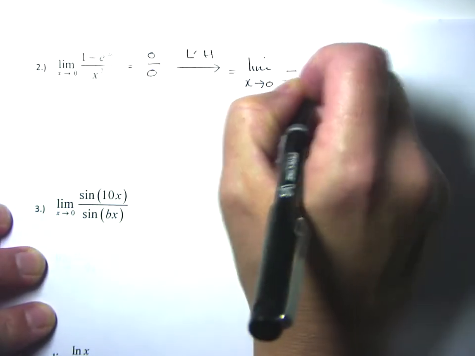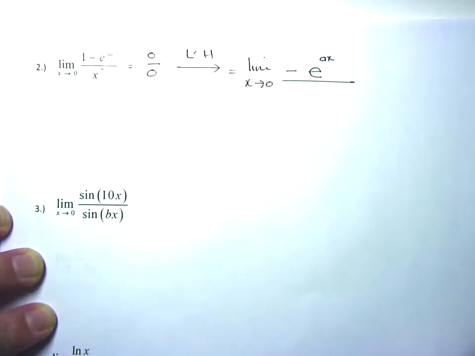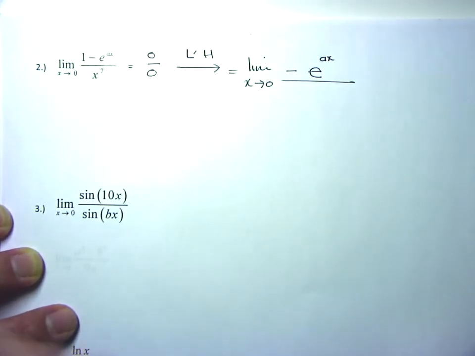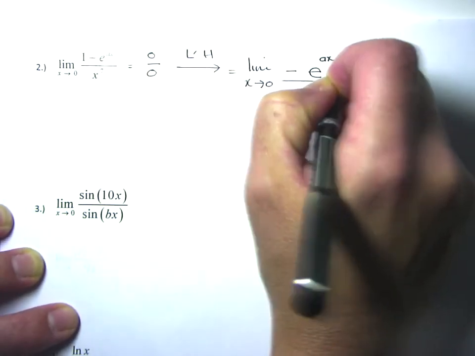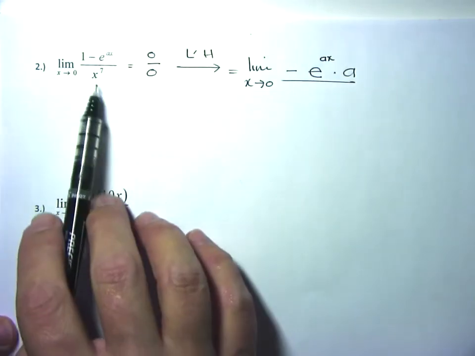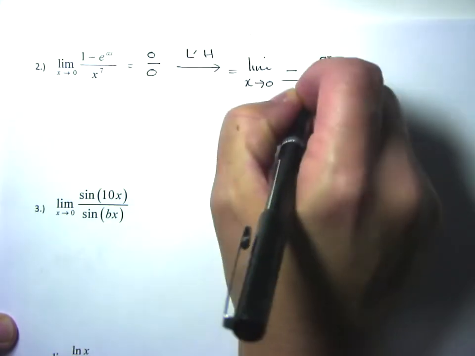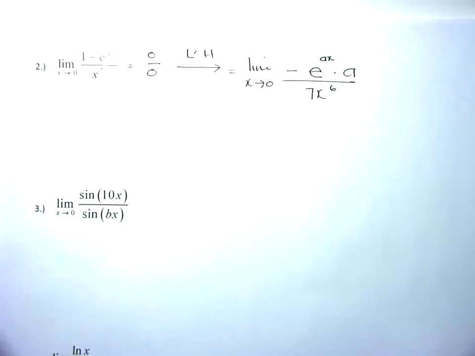It is e to that power, leave the power alone, times, because this is composite, now we can take the derivative of the inside. What is the derivative of a times x? A. So times a, very good. All over, what is the derivative of x to the power 7? 7x to the power 6.